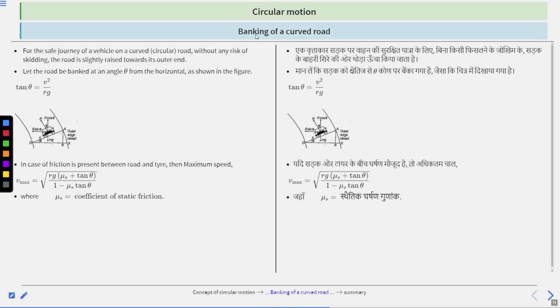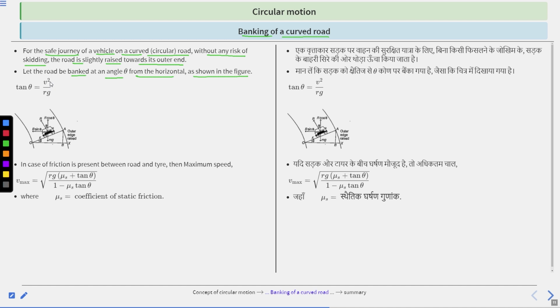And banking of a curved road. For a safe journey of a vehicle on a curved circular road without any risk of skidding, the road is slightly raised towards its outer end. Let the road be banked at an angle theta like this. This is the angle theta from the horizontal as shown in the figure.